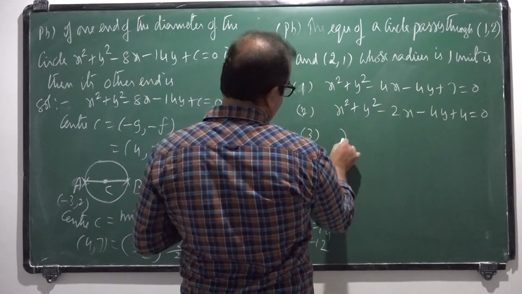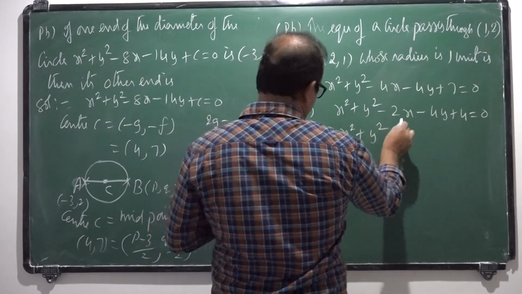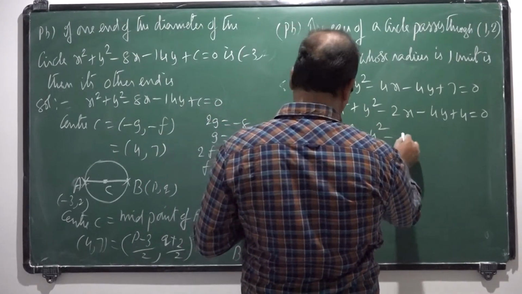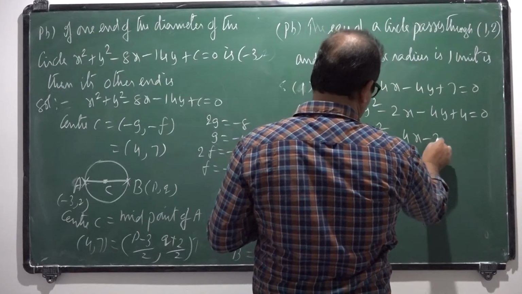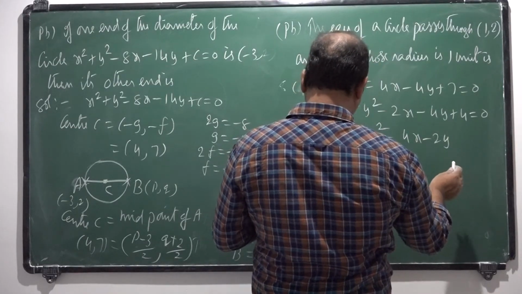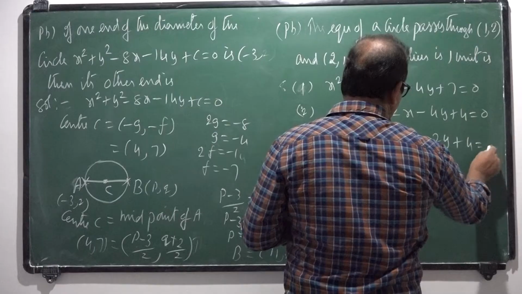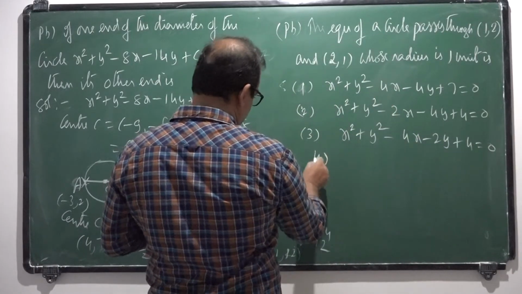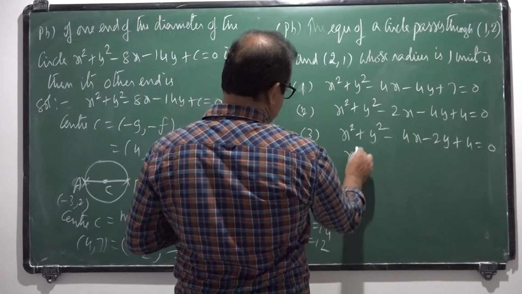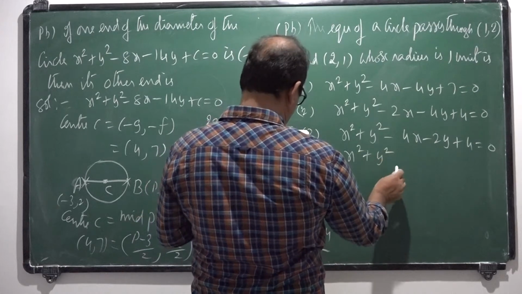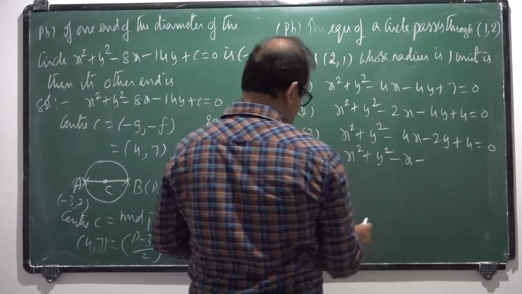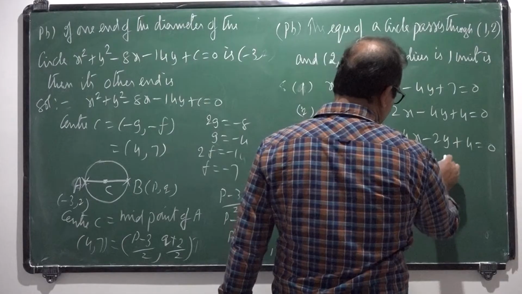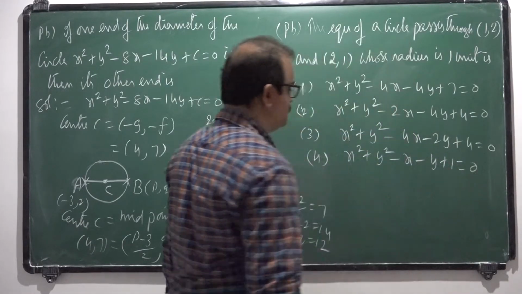Third, x square plus y square minus 4x minus 2y plus 4 is equal to 0. Fourth option, x square plus y square minus x minus y plus 1 is equal to 0.